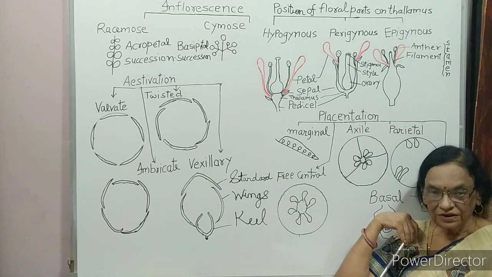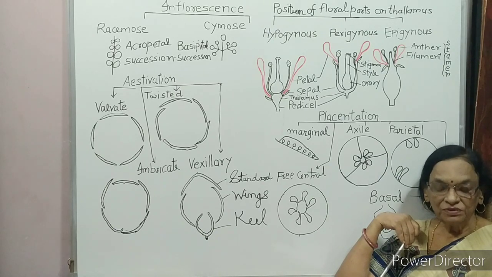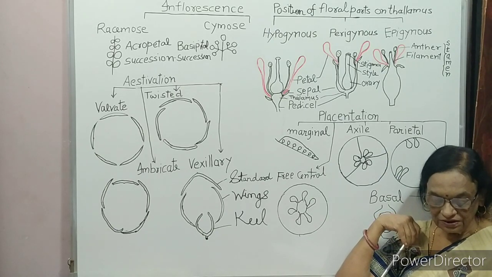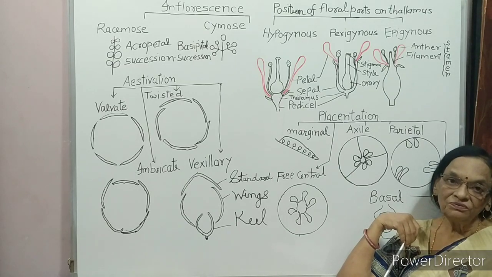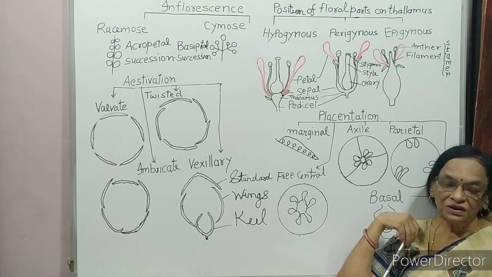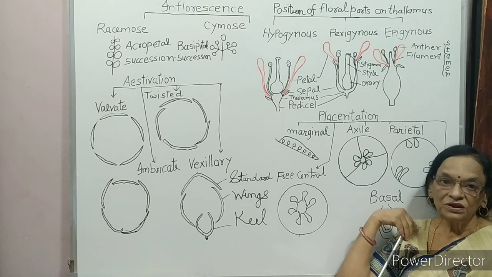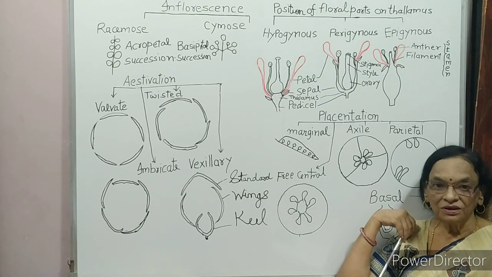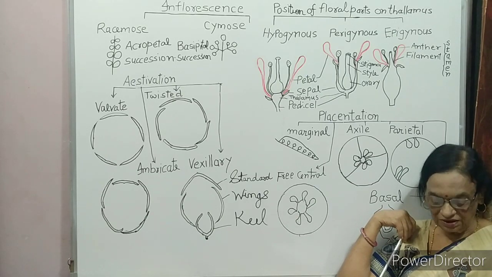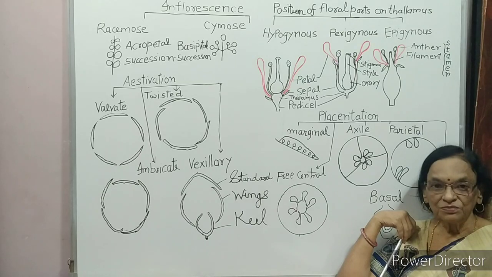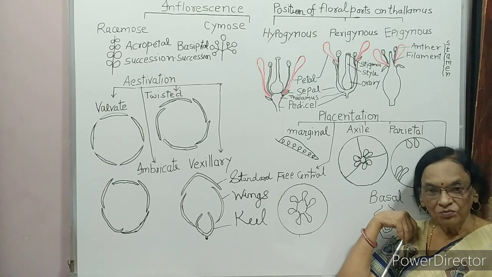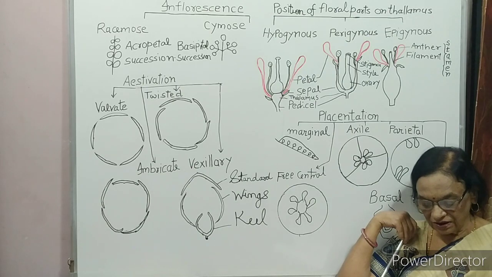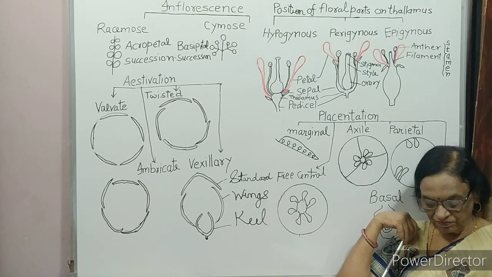A flower that cannot be divided into two similar halves by any vertical plane passing through the center is called an asymmetric flower. Example is canna. So symmetry is of three types: zygomorphic, actinomorphic and asymmetric.